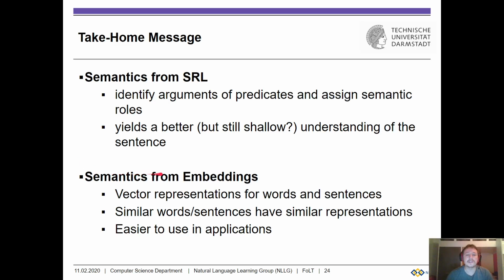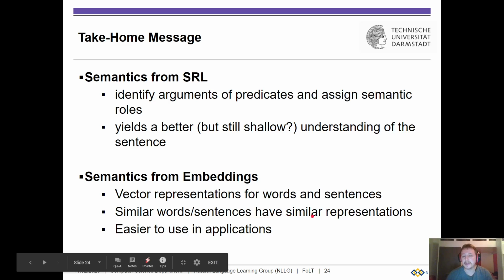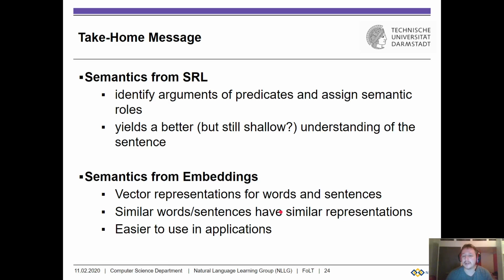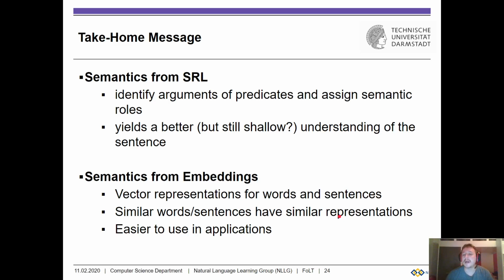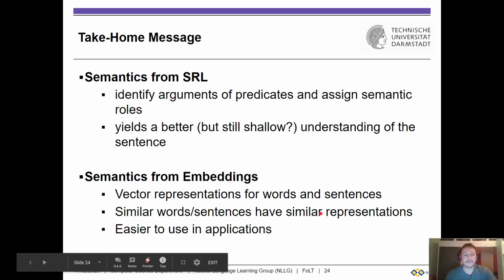Secondly, we have seen semantics from embeddings, which are vector representations available for words and sentences. We have seen that arguably similar words and sentences should have similar representations, and arguably they also have similar representations, both by introspection of the training process and as an empirical finding.